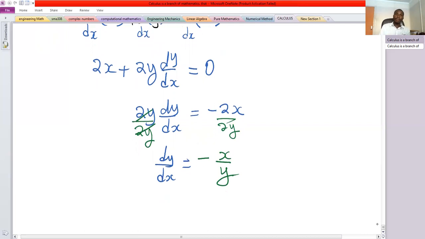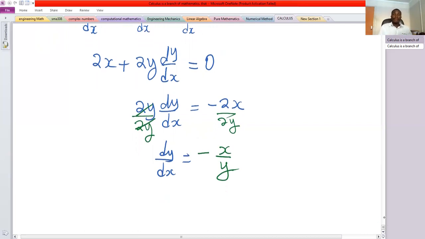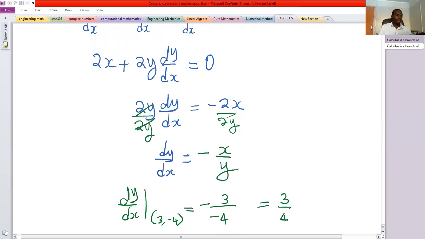So the slope at (3, minus 4) means dy/dx at (3, minus 4). Where there is x, put 3. Where there is y, put minus 4. The negatives cancel, and then we get 3 over 4 as the slope.